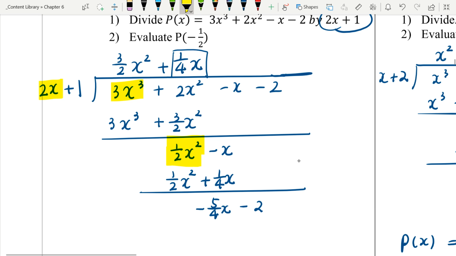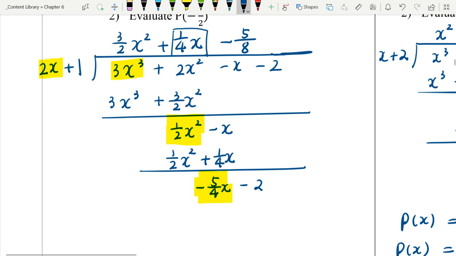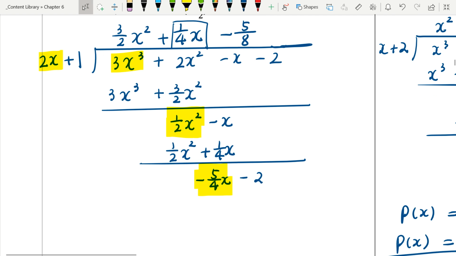Okay, the next one we have is this one. What's minus 5 over 4 x divided by 2x? Minus 5 over 8. Okay, minus 5 over 8 times x is minus 5 over 4 x. That's what you get. And then minus 5 over 8.